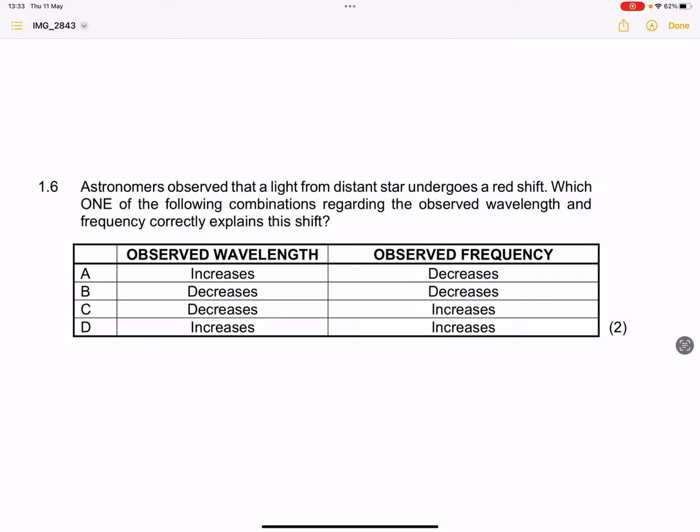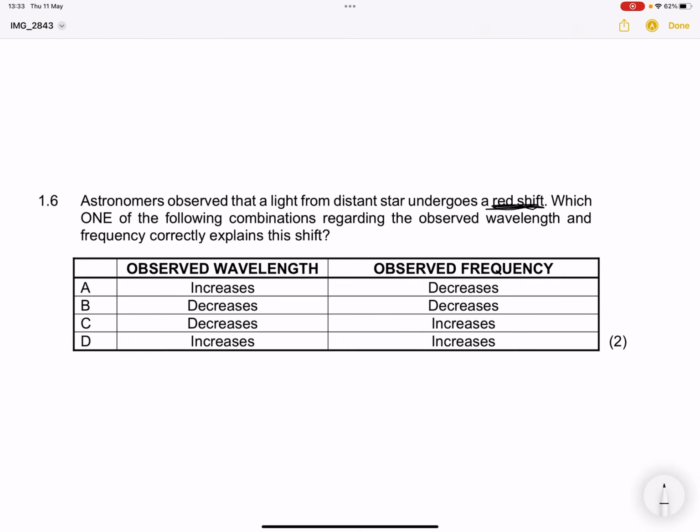They say to us, we've got an astronomer that observed that a light from a distant star undergoes red shift. That's very important. So we remember when we are shifting to the red side of the spectrum, that's where we've got longer wavelength, isn't it? And we've got, in this case, a lesser frequency.